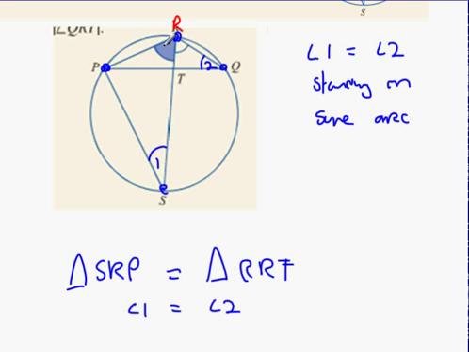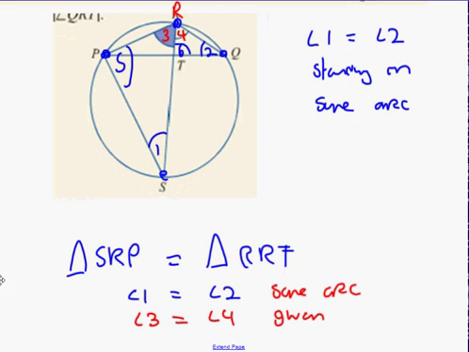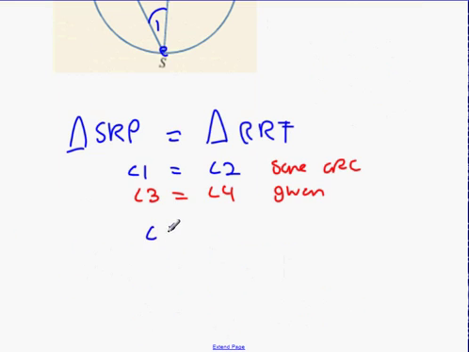We'll call that angle 3 and angle 4. Angle 3 equals angle 4, reason? Given. Same mark. And then finally, by the process of elimination, angle 5 must equal angle 6. Reason being, three angles in a triangle must add to 180.